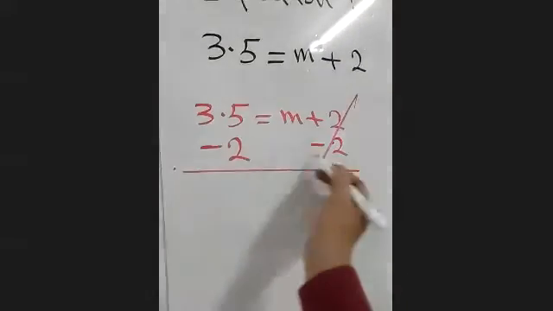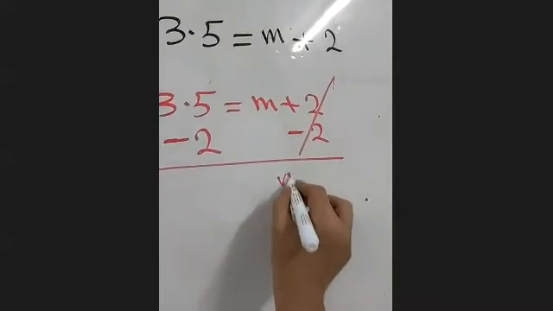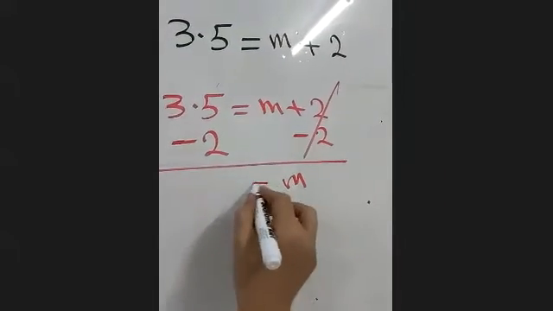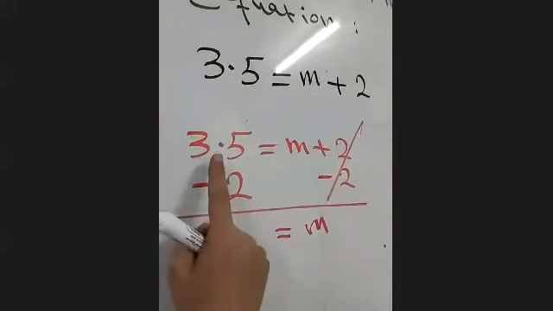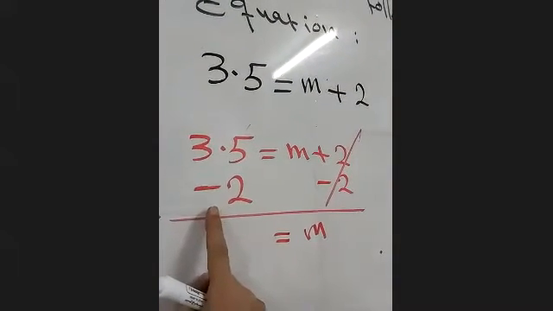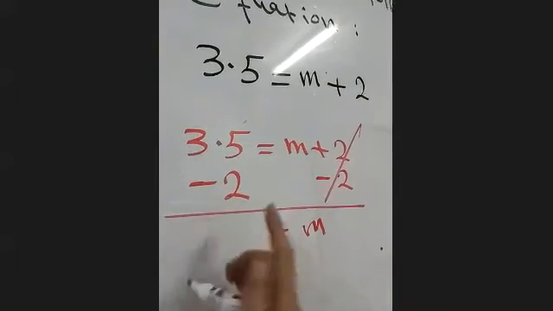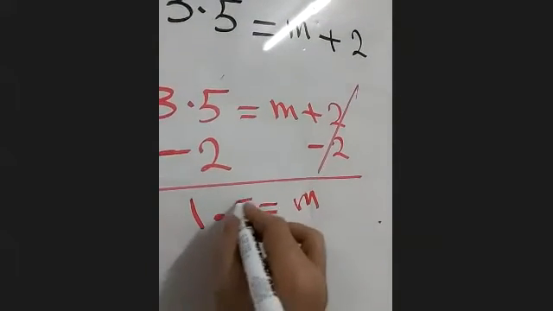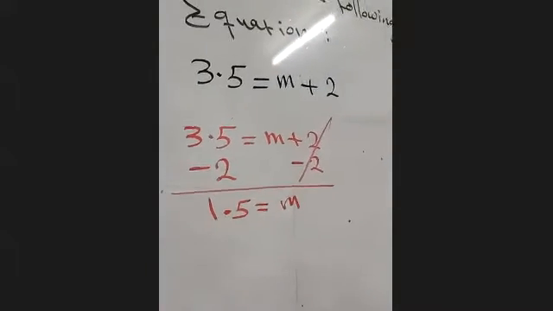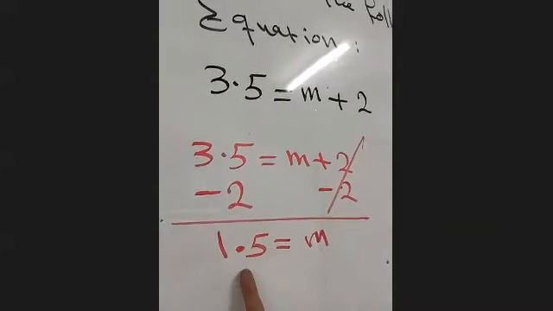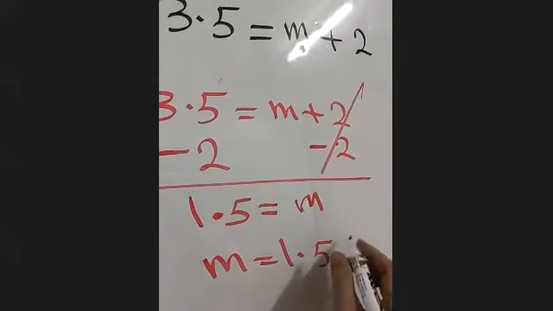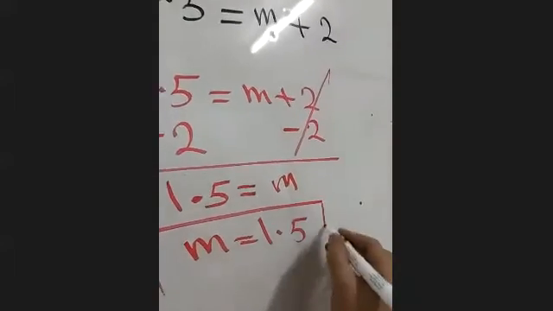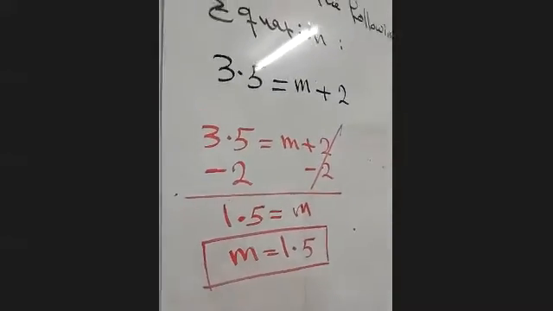What is still here? Still m. And the equal comes down like this. Now, 3.5 minus 2 is 1.5. So how much is the value of m? M equals 1.5. And always put your solution inside the box like this.